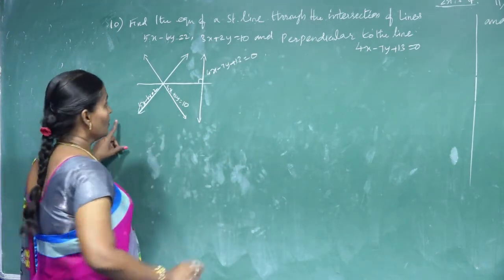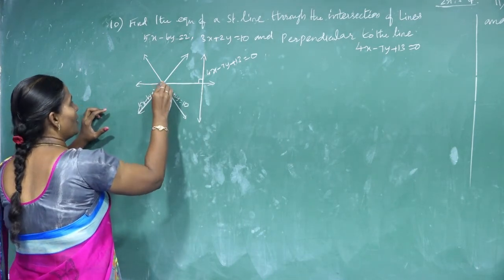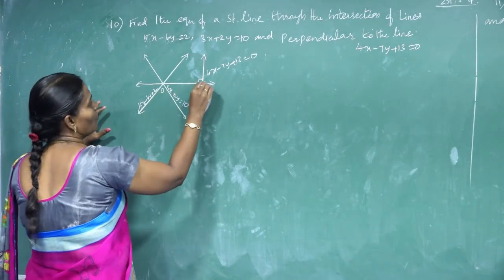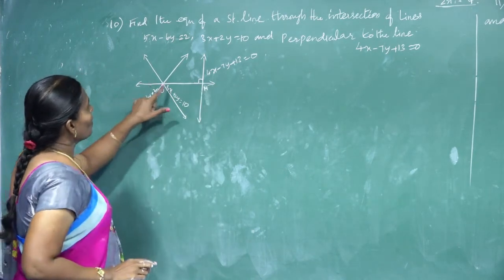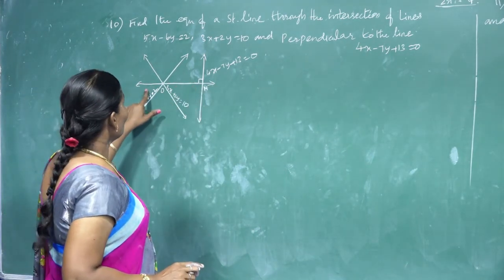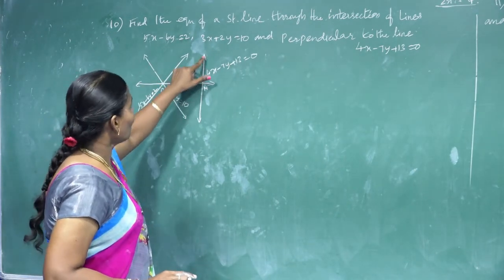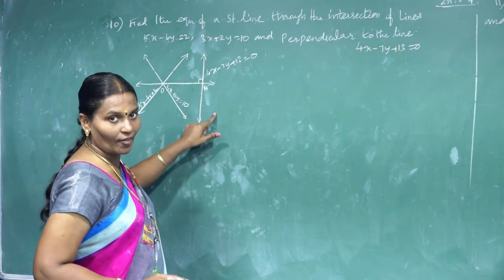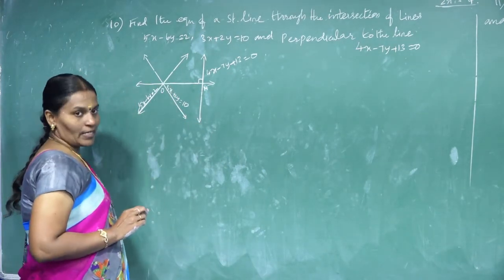Understand the question, children? See this line. Consider the point of intersection as O, and here give the name M. So the line OM passes through the point of intersection of these two lines and is perpendicular to this line. How do you find this point of intersection?